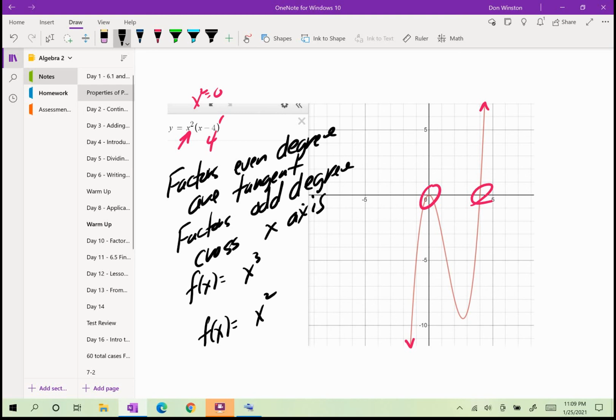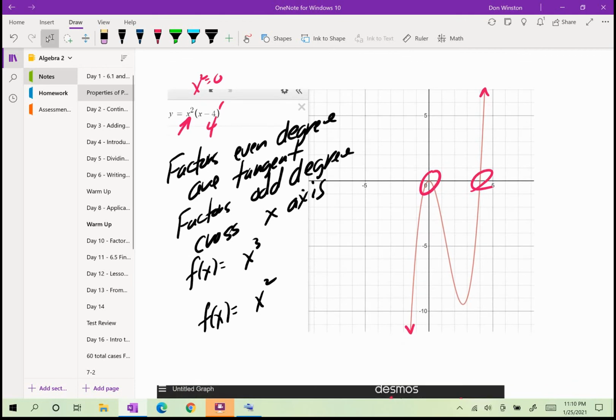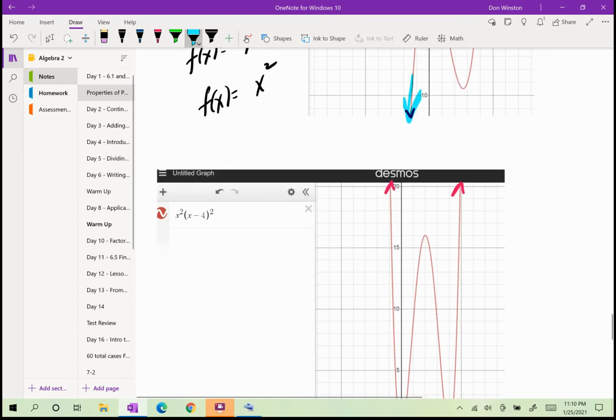They never cross the x-axis, but factors with odd degree will always cross. And again, the domain for that is always all real numbers. Very easy to remember with polynomials. And then the range, again, is all real numbers because the y values are going to positive infinity and negative infinity.